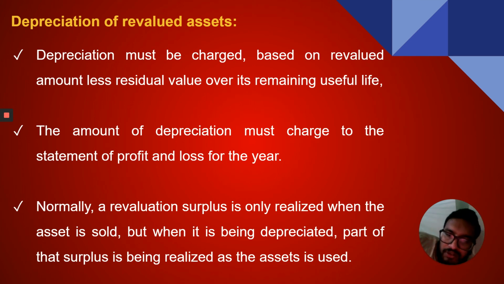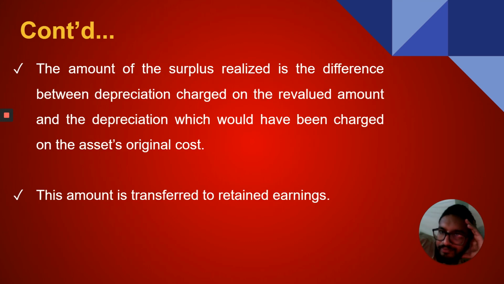The revaluation surplus will only be realized when the asset is sold, right? Otherwise it will just be a profit in your books only. The amount of surplus realized is the difference between the depreciation charge on the revalued amount and the depreciation that should have been charged on the original cost, okay?